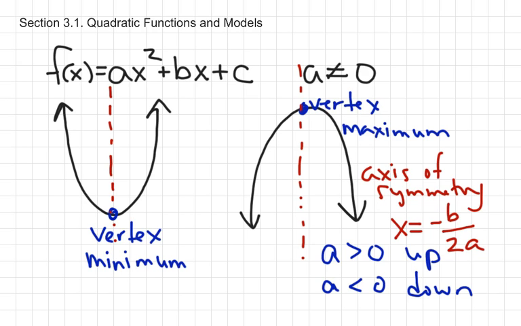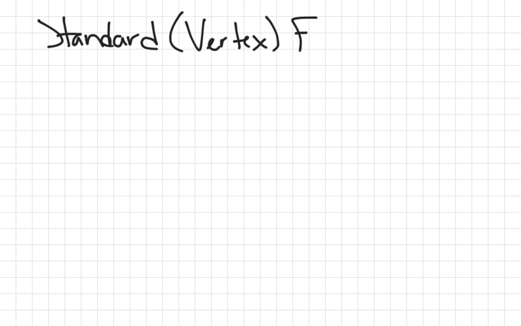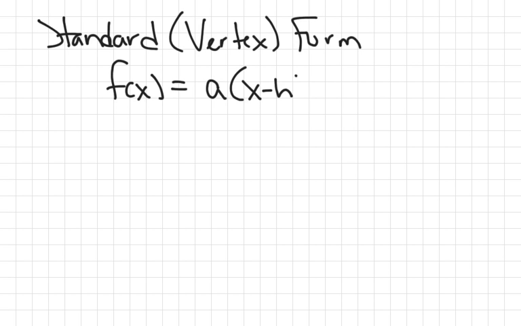Now, there's another useful form of the equation of a quadratic, and it's called standard form. It is also sometimes called vertex form, and it's the equation f of x equals a times x minus h squared plus k.